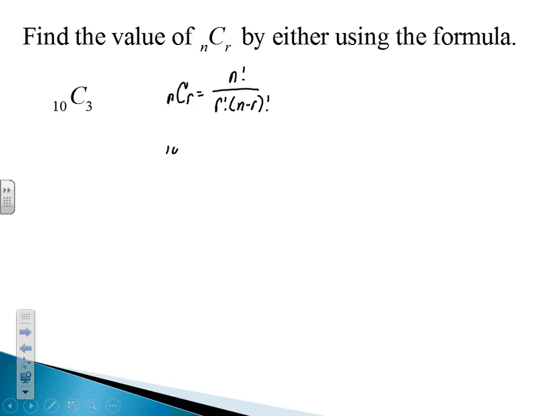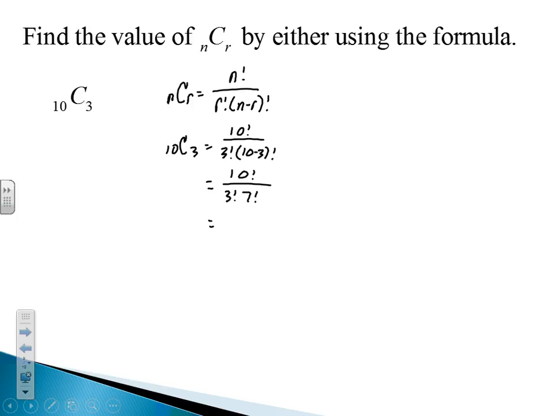So here I'm going to say 10C3. I'd say 10 factorial over 3 factorial times 10 minus 3 factorial. Simplifying in the denominator gives me 3 factorial times 7 factorial.